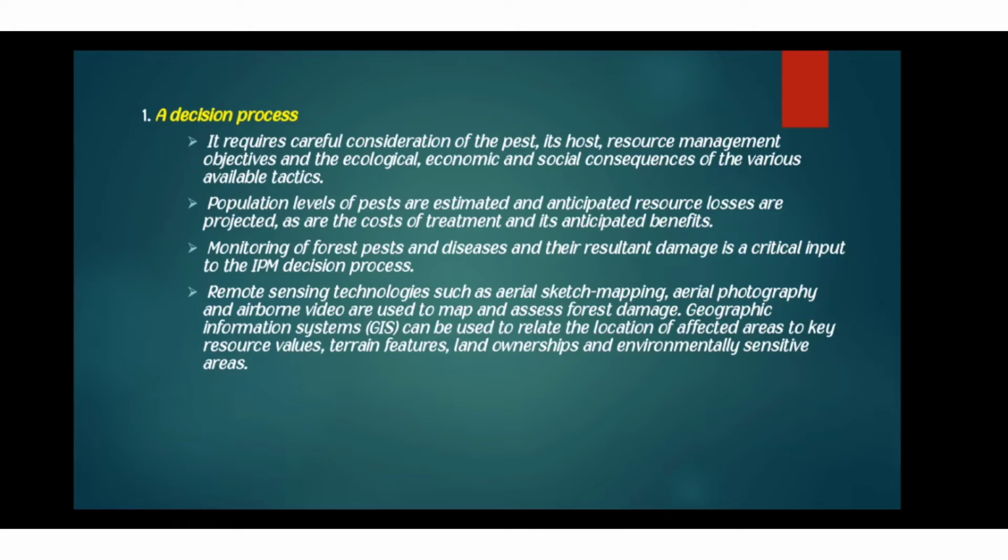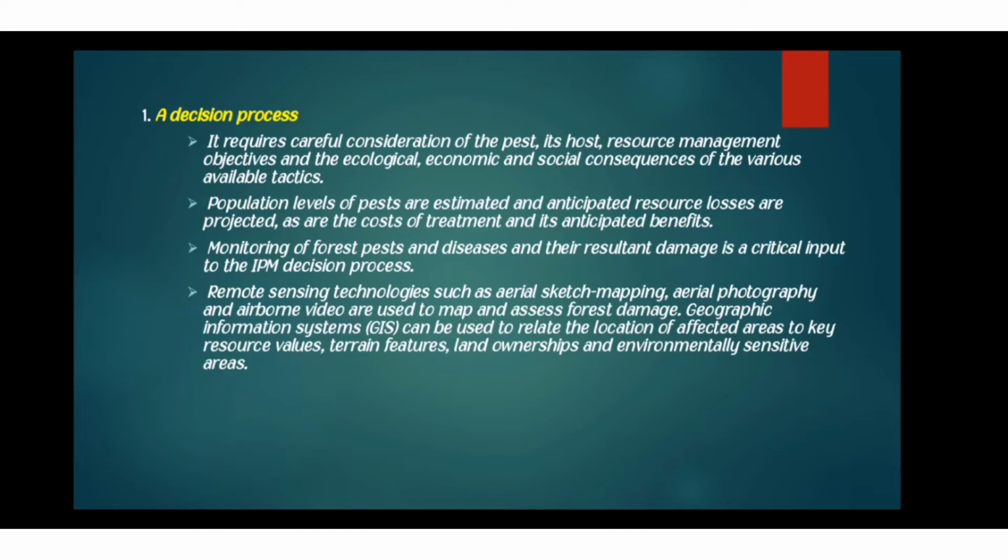Monitoring of forest pests and diseases and their resultant damage is a critical input to the IPM decision process, as it also uses many technologies such as aerial sketch mapping, aerial photography, and airborne video to map and assess forest damage.